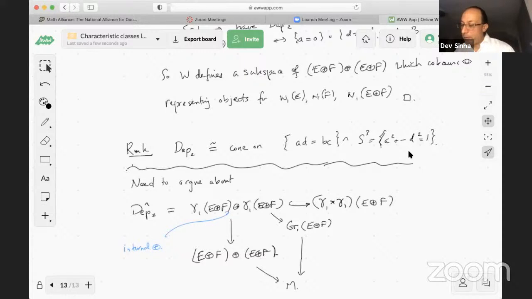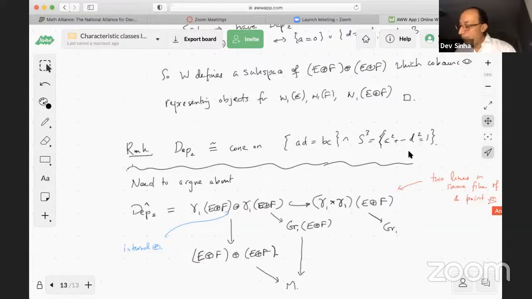So let me define this space just briefly by saying it's 2 lines in the same fiber of E plus F. Okay, so that sits naturally over some space, a total space of, and a point on each for the tautological bundle.